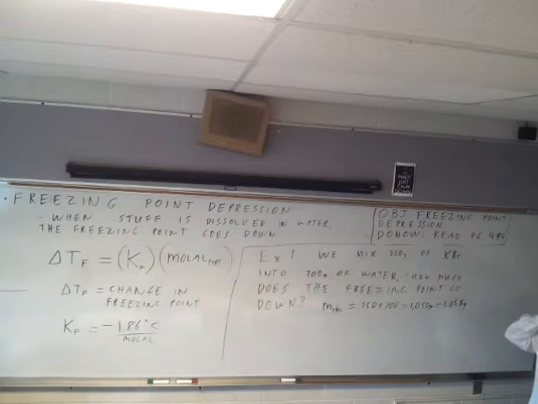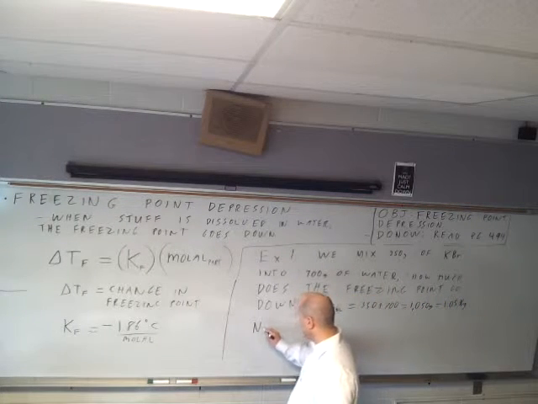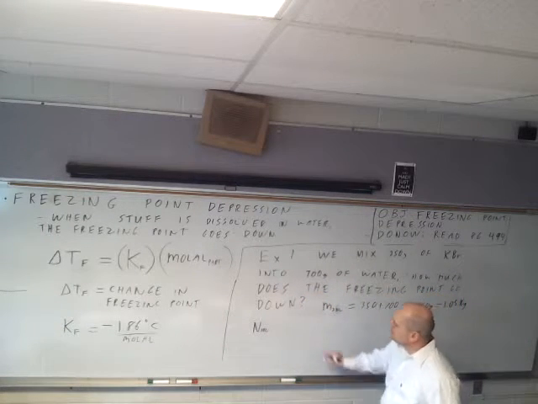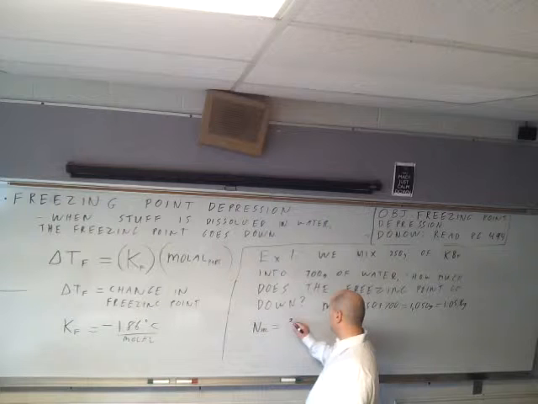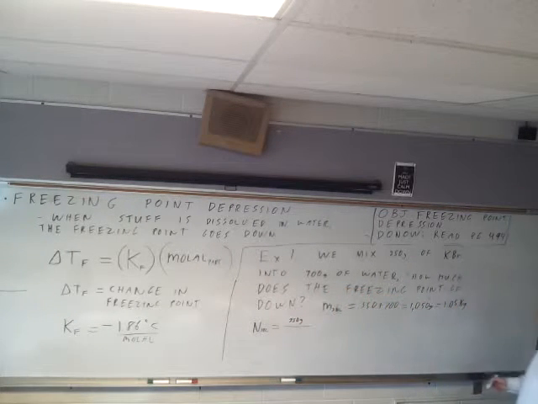All right, so we got the mass of the solution. Next step is to find the number of moles, n of the solute, the potassium bromide in this case. So that's going to be 350 grams divided by the molar mass of potassium bromide.